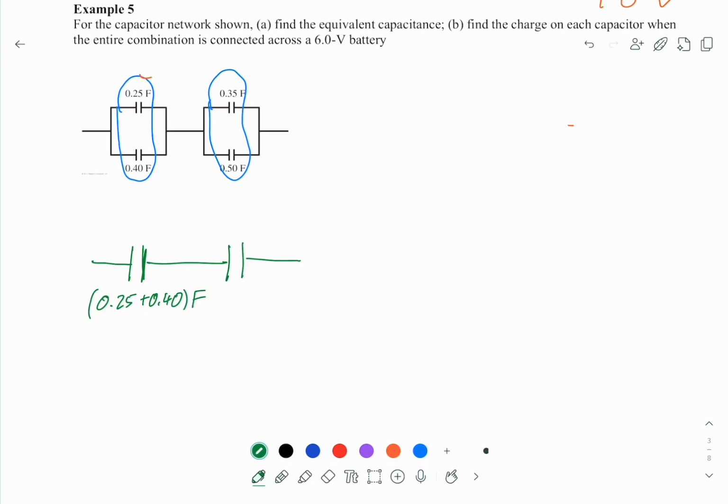And the second one, because they're connected in parallel, you just find the sum, 0.35 plus 0.50 farad. Therefore, the first one is 0.65 farad. The second one is 0.85 farad.